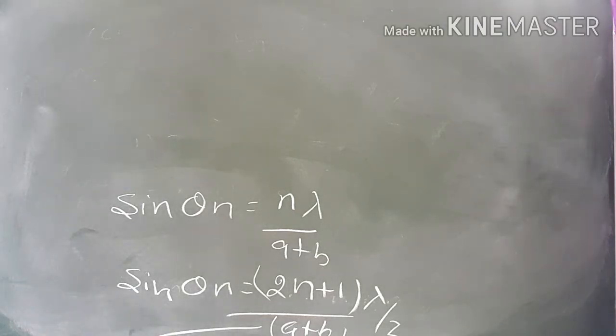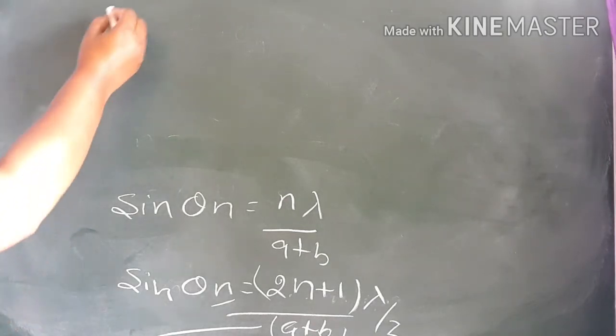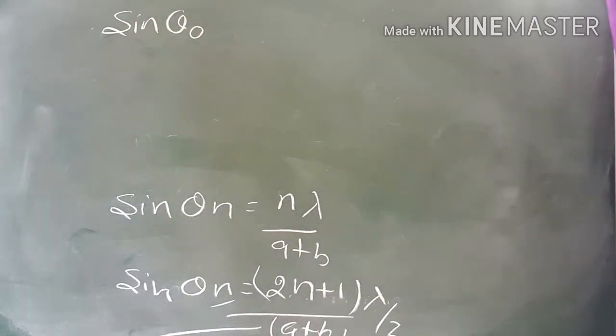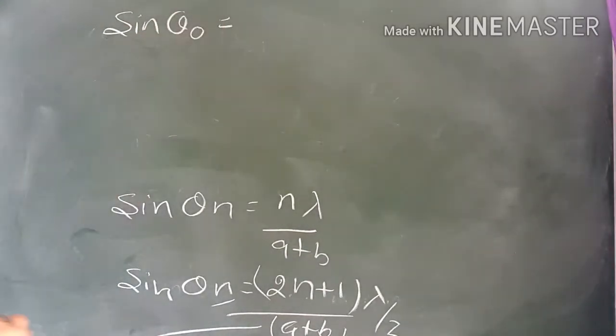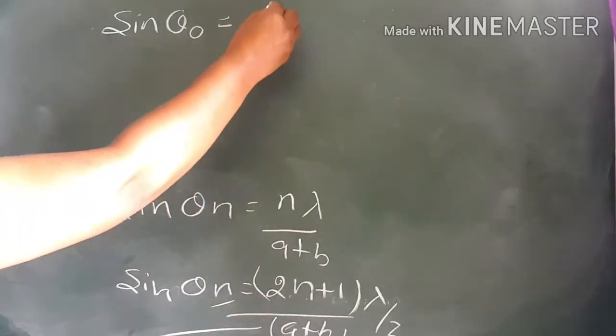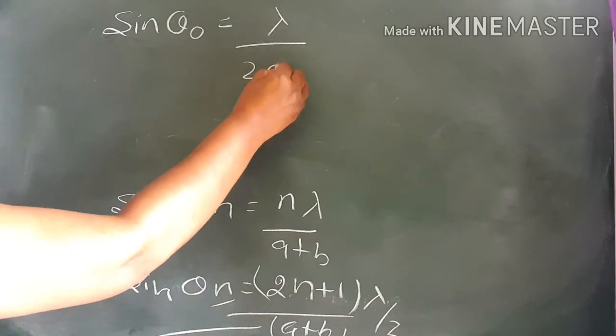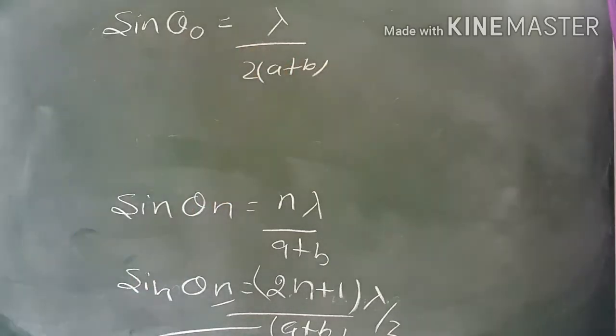So to find the angular width between the conjunctive minima, we put n equal to 0, 1, 2, 3, any integral value. From here we can find sine theta 0 when n is equal to 0. This is lambda by 2 into (a plus b).